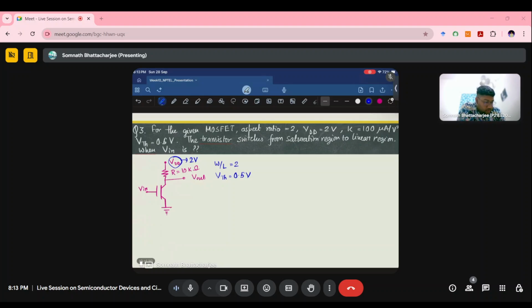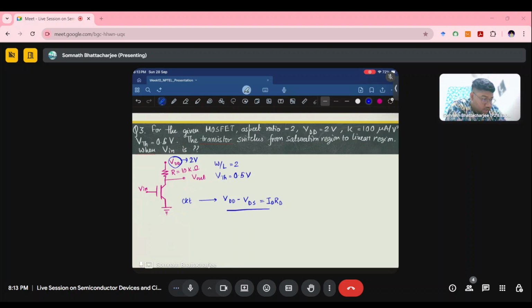The first thing from this circuit, what we know is that VDD minus VDS is ID into RD, right? Let's say this is the RD value, so this is VDD minus VDS equals ID into RD.